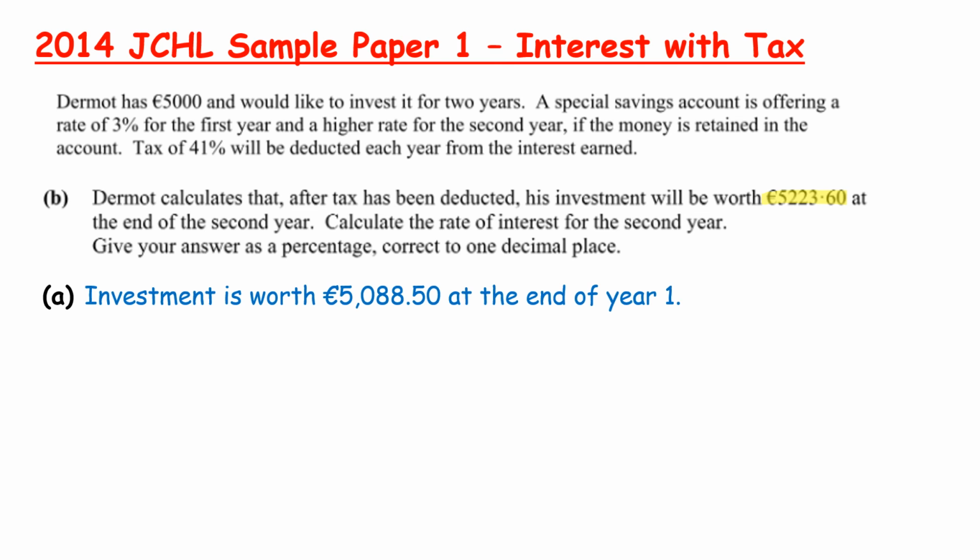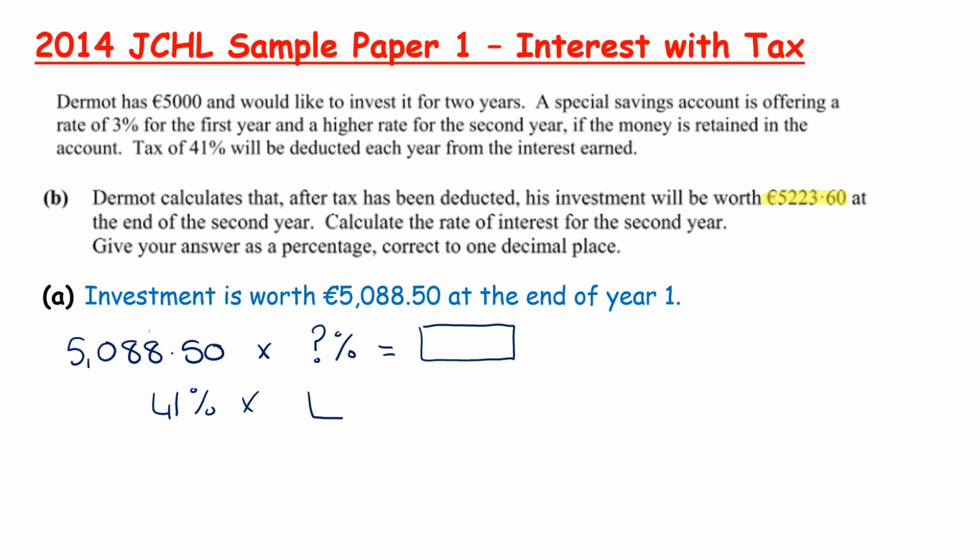The first thing to note is the investment was worth €5,088.50 at the end of year 1. So I had €5,088.50 multiplied by some percentage, and then that percentage gave me an answer, and then I got 41% of the answer, and then I took it away.